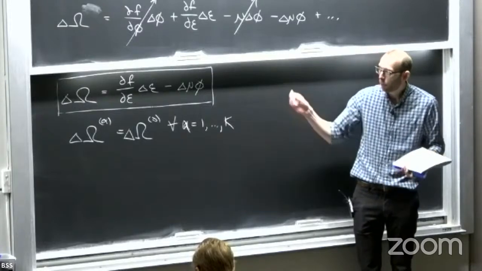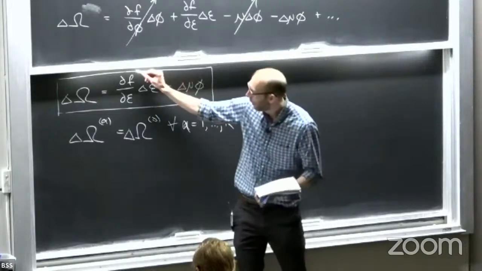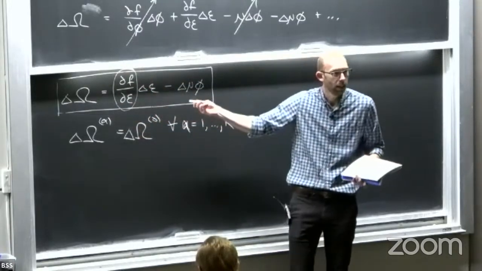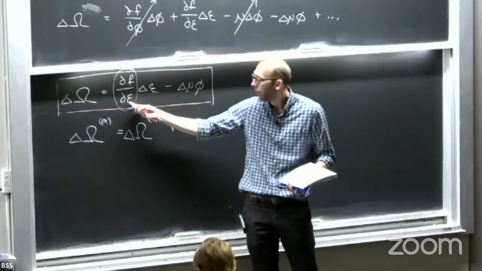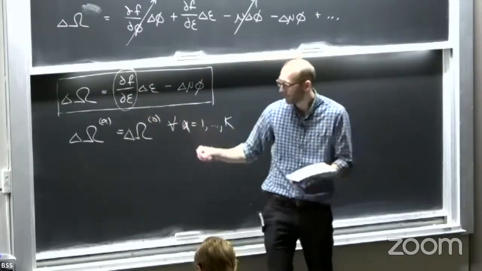And if I'm going to use my Flory-Huggins expression, it's very easy to calculate this. The term that involves epsilons is quadratic in phis, right?